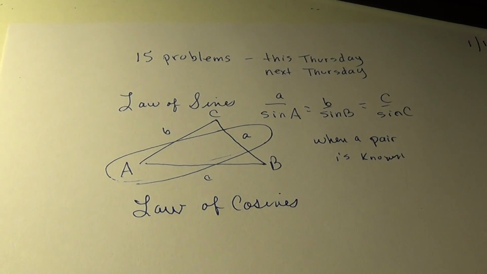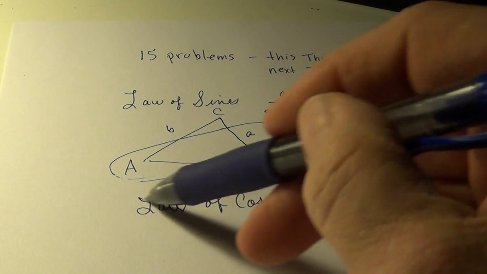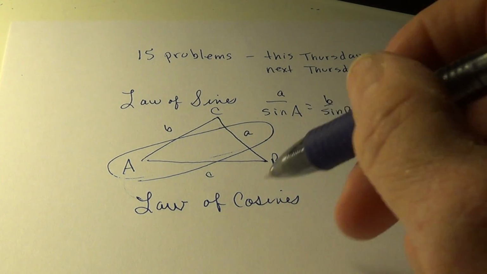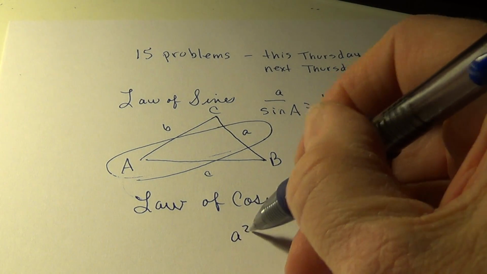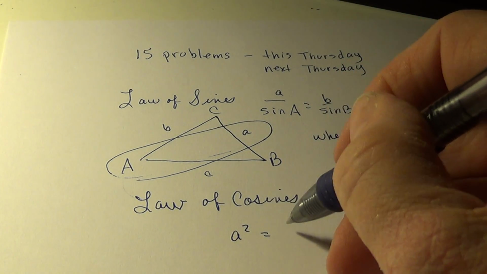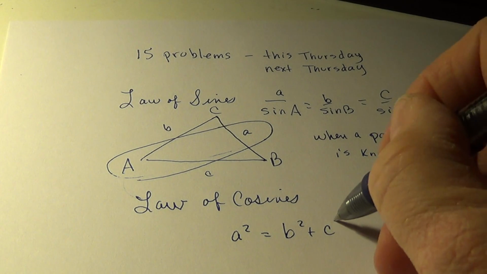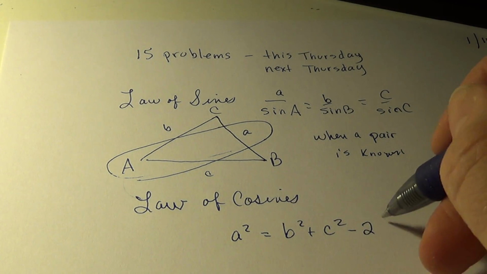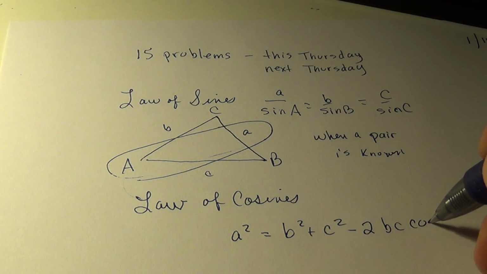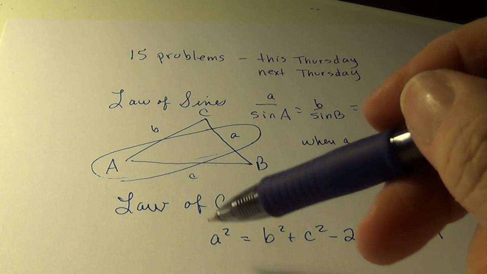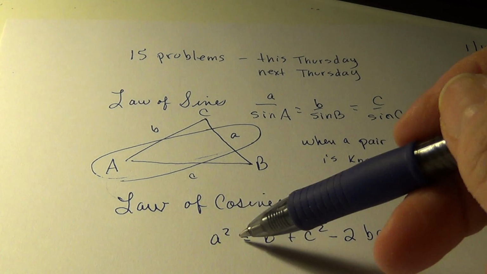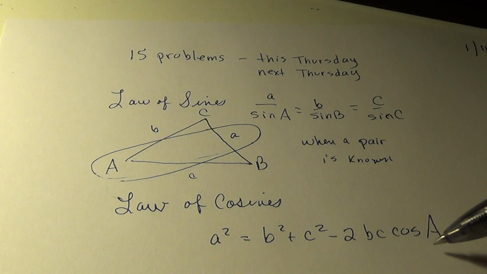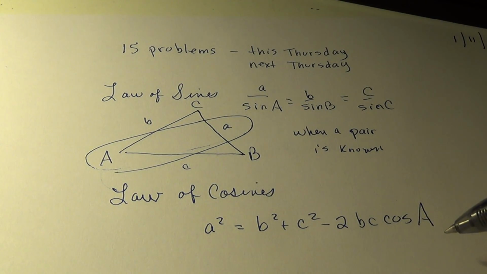And the law of cosines is also used to find unknown parts of a triangle, and it works like this. Little a squared equals b squared plus c squared, these are all sides, minus 2bc cosine A. And you recall that the side by itself on this side of the equal sign will always match this angle. And so this has 2 other forms.